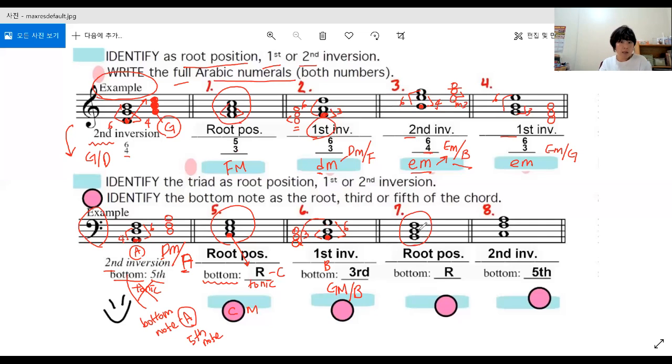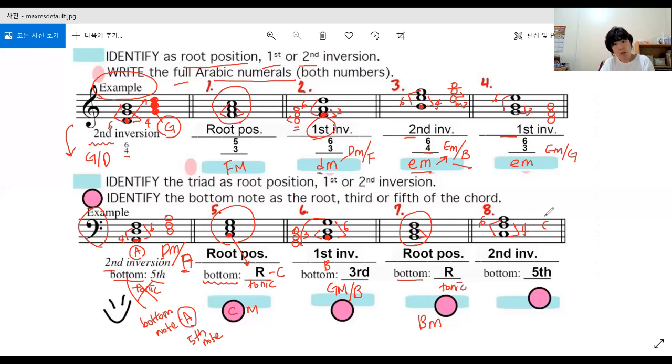This one is easy. Why? This is a line 9, 9. It's root position, and the bottom is the root, tonic. What is the name? B. But this is not B major. This is B minor, because this one is a minor third. Don't forget. And this one is 4, this one is 6. This is second inversion, right? How are you going to find the original position?